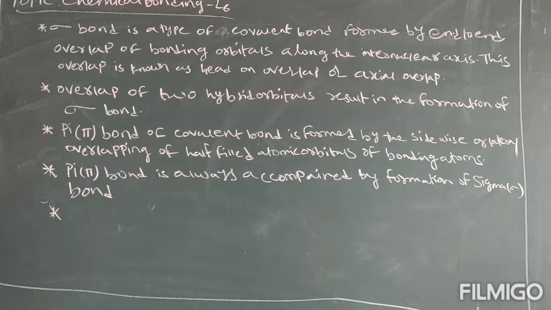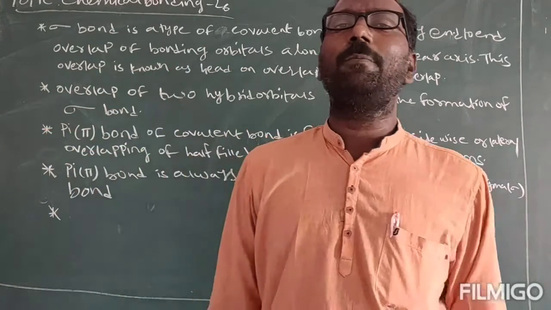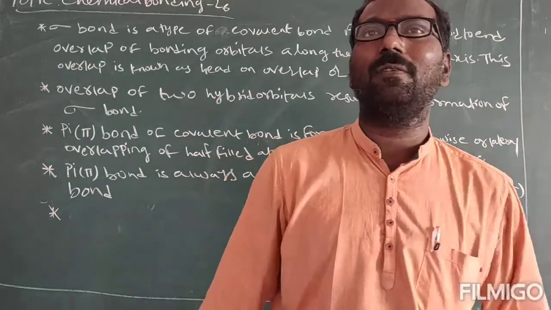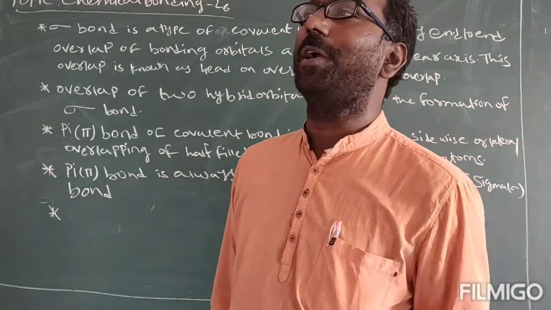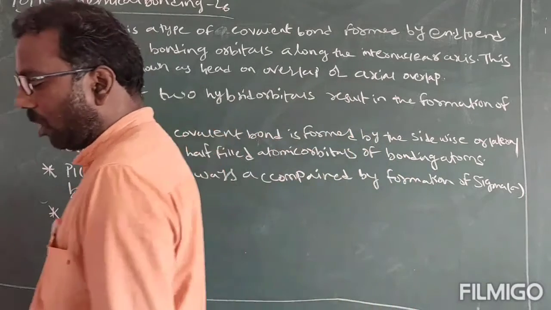And the major important point is that pi bond formation shortens the bond distance. That is why a single bond will have more distance than a double bond, and a double bond will have more distance than a triple bond.